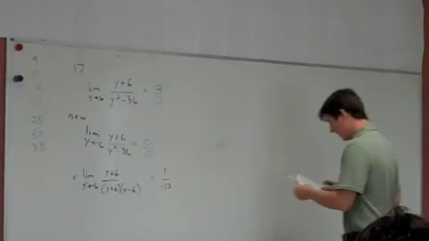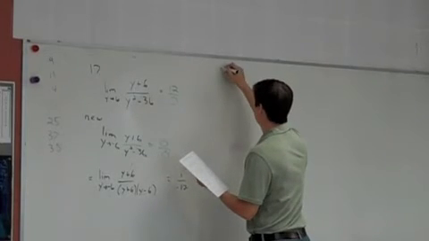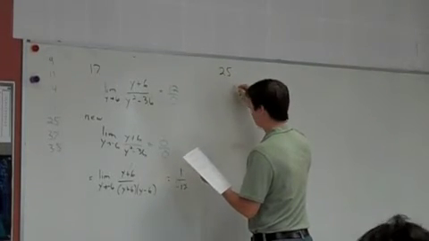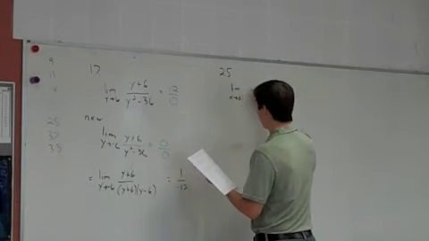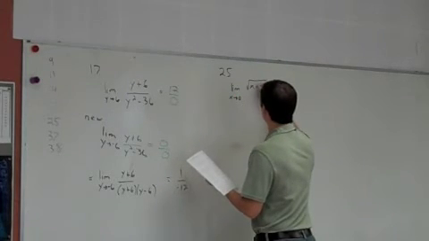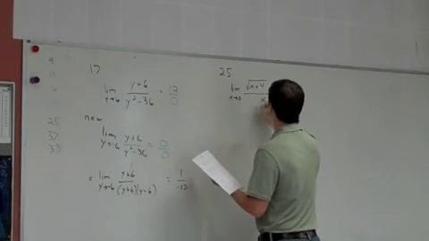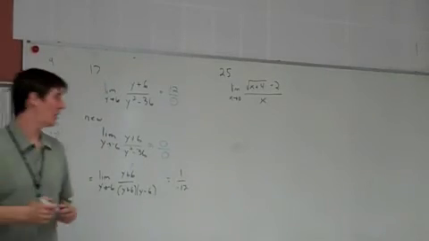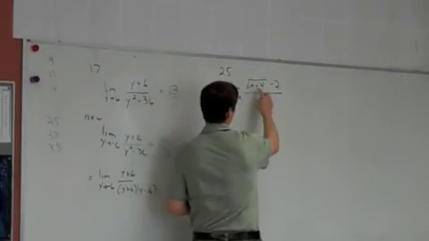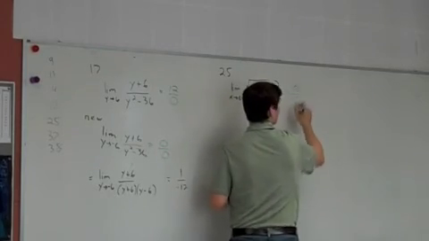How do you multiply out 25? You can't. You plug in first, and what do you get in 25? No, the limit as x approaches 0. You plug in x equals 0, and you get 0 here, so square root of 4 is 2, minus 2 is 0 over 0.